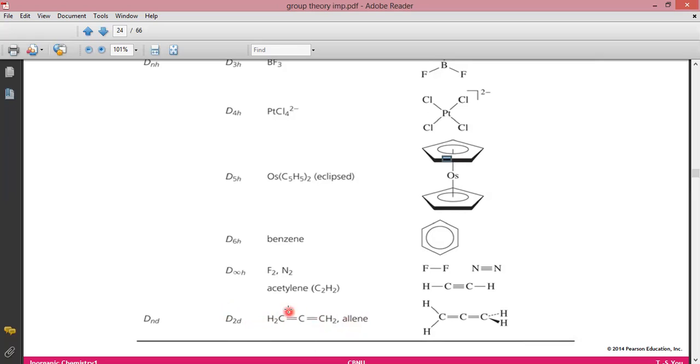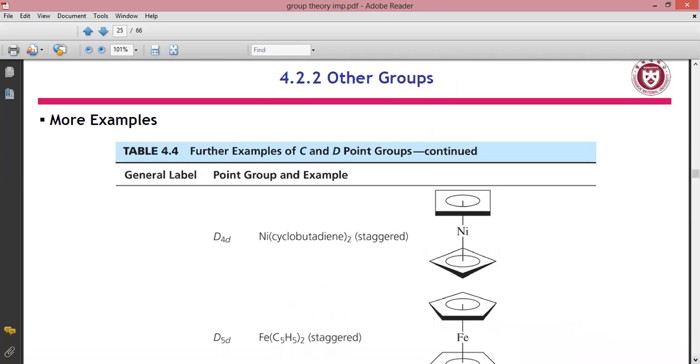The other C2 axes pass through only the central carbon atom. That is why this axis is called the principal axis. And there is also a dihedral plane present in this molecule. That is why we call the point group D2d.